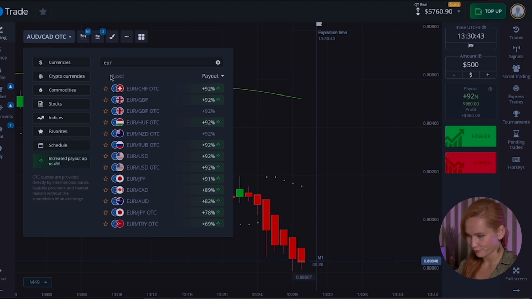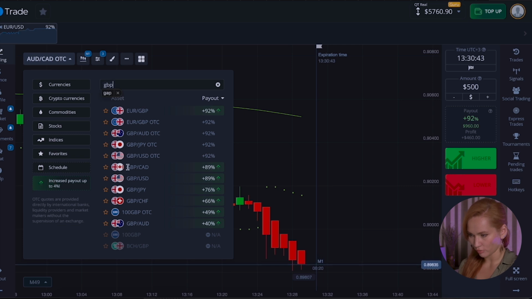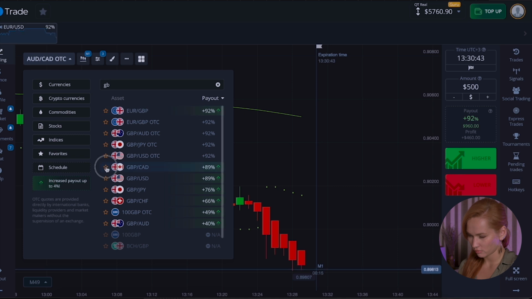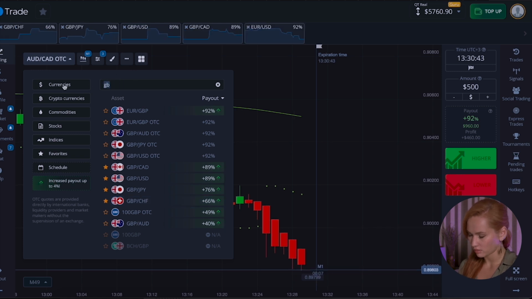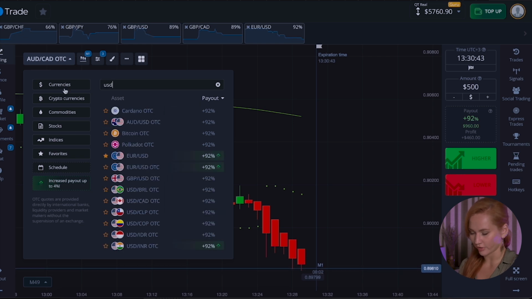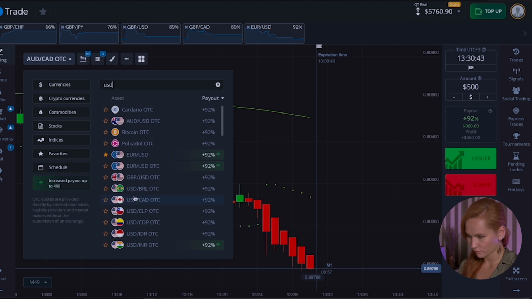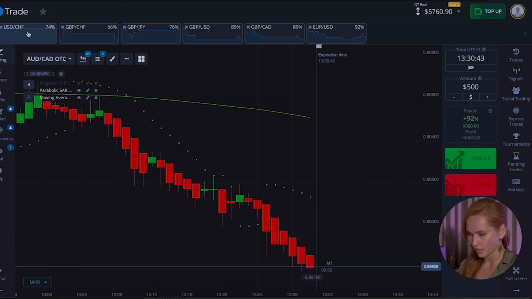So, the EUR USD, GBP USD, and USD Swiss franc. Great. Let's start with them.